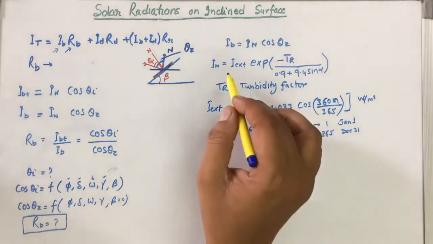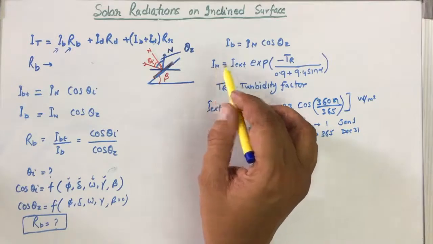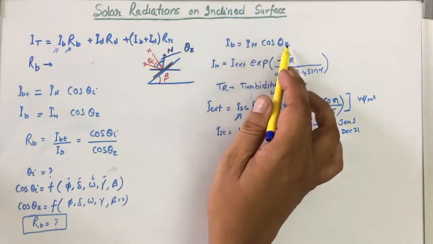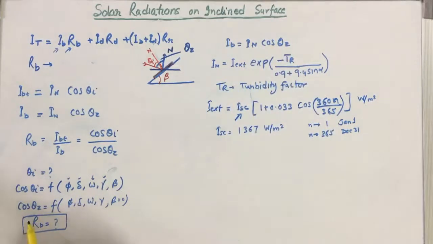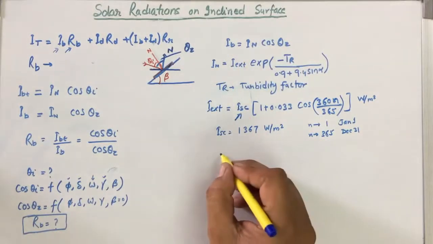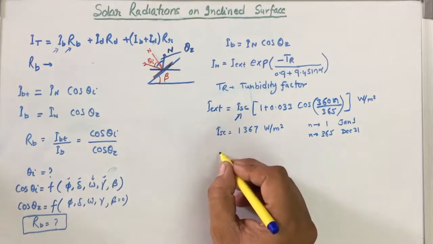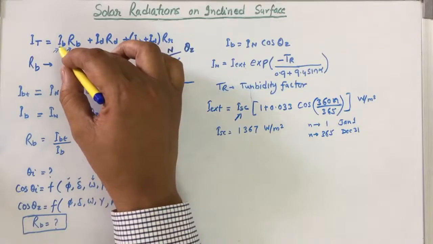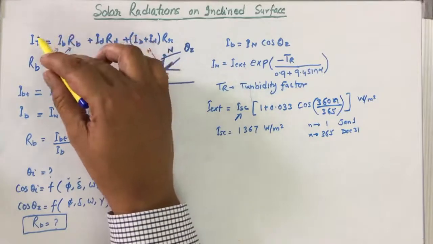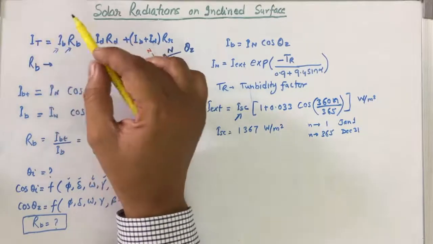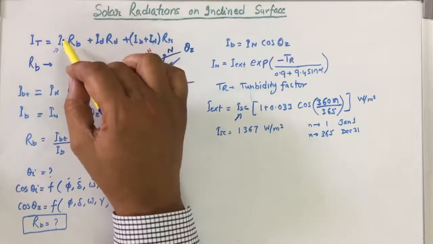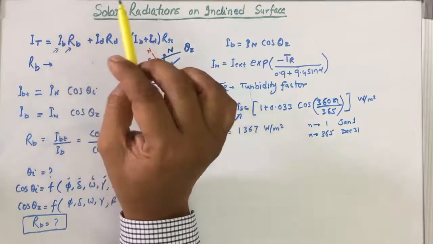So overall you can find IN. If you put IN here and you can put theta Z from here, then you can find IB. So in this way you can find IB and put it here. So in total radiations, the contribution by beam radiation is known to you.